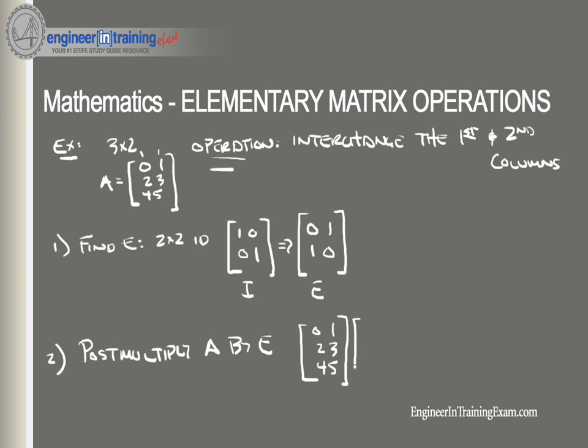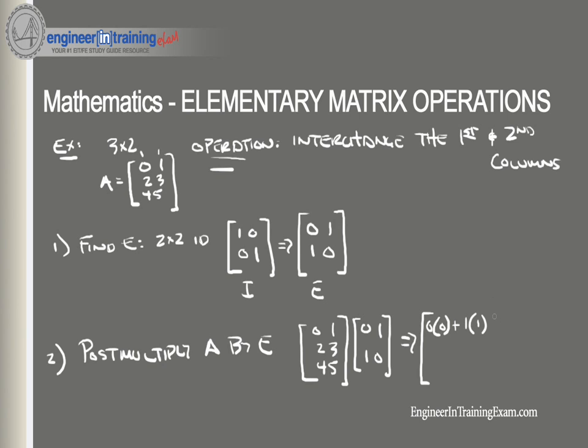So just carrying out our matrix multiplication, we get 0 times 0 plus 1 times 1 as our first upper left element in the first row. Now our second element in the top row is 0 times 1 plus 1 times 0.